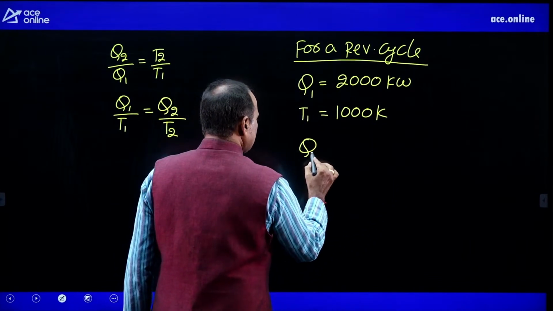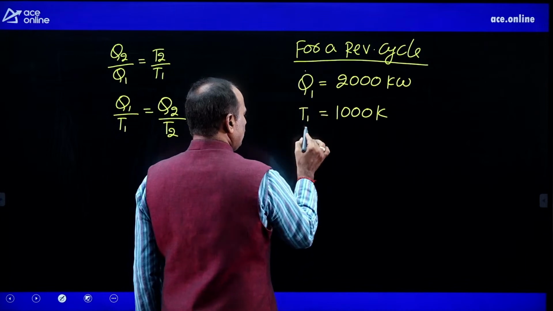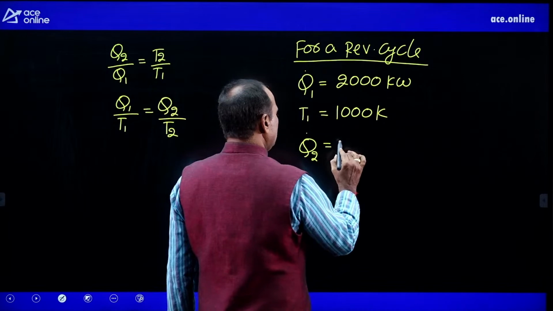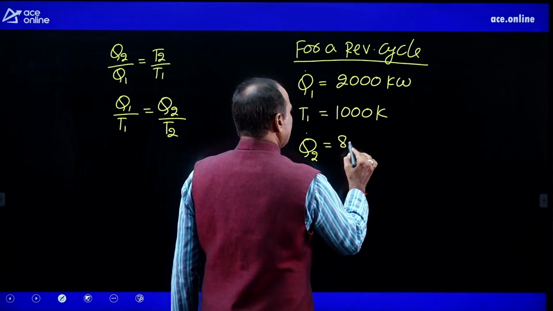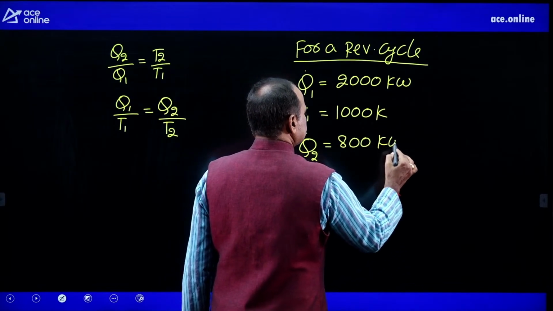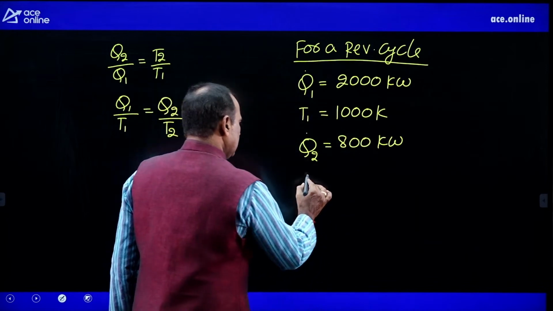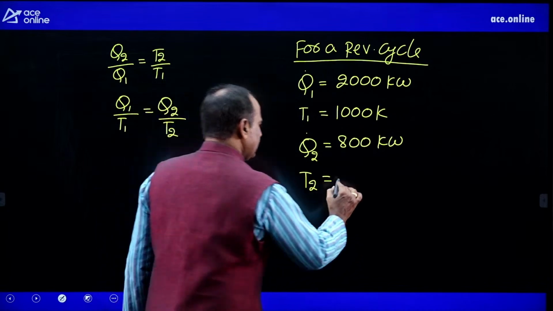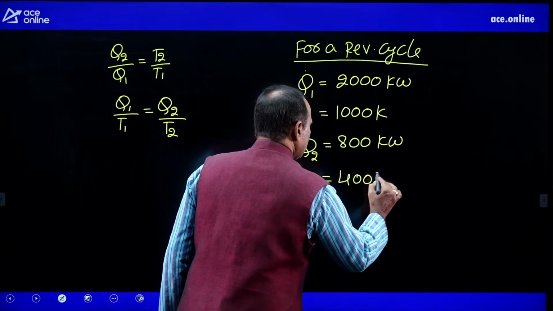And the heat rejection Q2, let it be 800 kilowatts, at T2, the temperature where the heat is rejected, let it be 400 Kelvin.